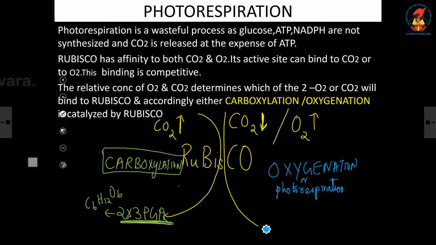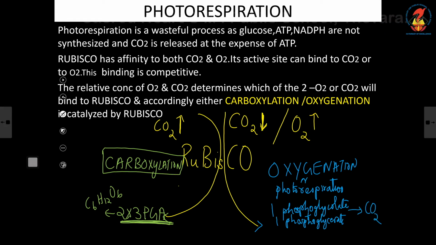What will happen is one molecule of phosphoglycolate and one molecule of phosphoglycerate are formed. Not only that, it ends up with the evolution of carbon dioxide, worst of all utilizing ATP.